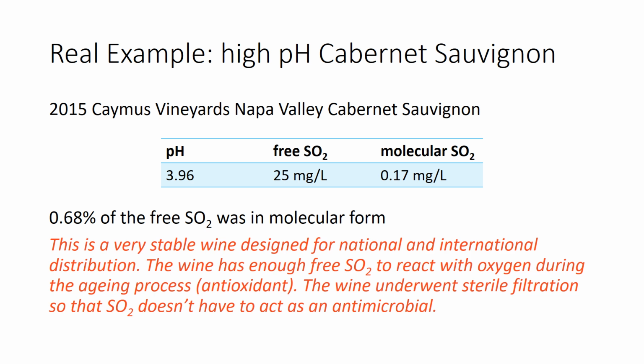A key idea to think about here is values are important, but they don't mean everything, because SO2 is not the all or nothing thing that safeguards our wine. We have different modern tools, including, wow, I just completely spaced on a word there, sterile filtration, and other antimicrobial and antioxidant tools that we can use.